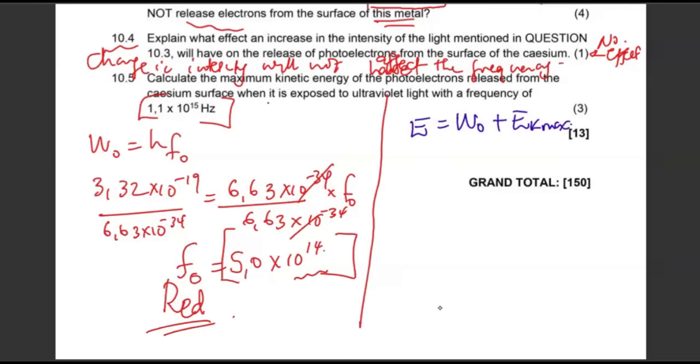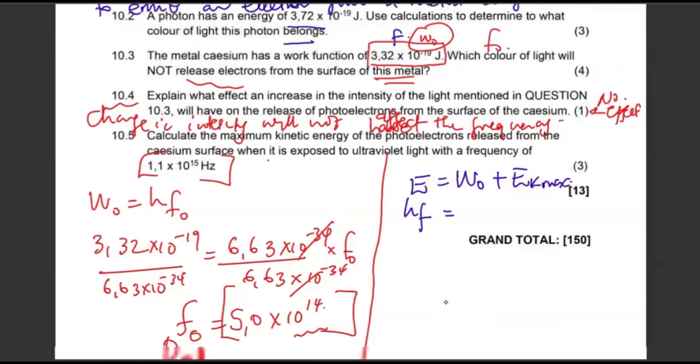Our E is given as hf, and then W naught will be given as, I think it's the same question that we're looking at, the 3,2 times 10. Okay, so do I need to substitute now? No, let me substitute, it's fine.